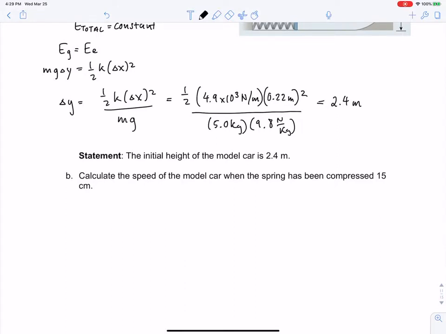Now we want to calculate the speed of the model car when the spring has been compressed 15 centimeters. We know that the total energy is constant.